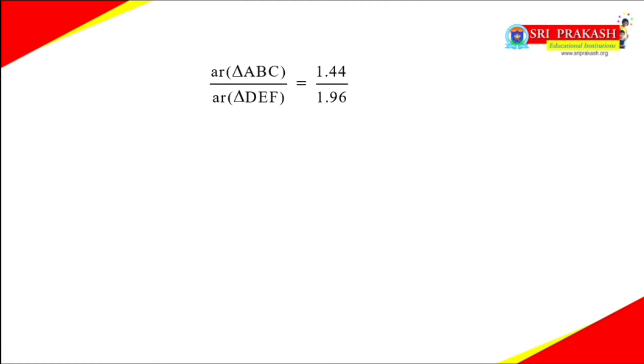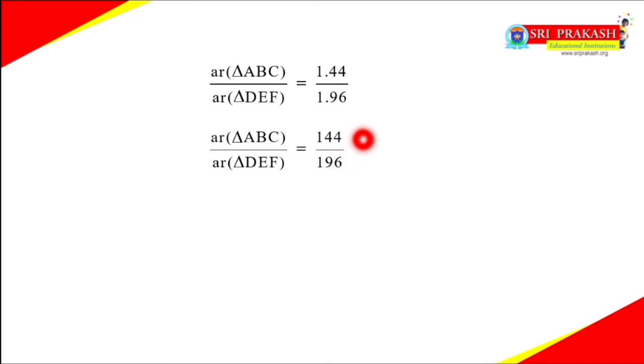Children, by taking the squares of 1.2 and 1.4, we get 1.44 by 1.96. As there are two places after the decimal point in both numerator and denominator, let us remove the decimal point. Then we get area of triangle ABC by area of triangle DEF is equal to 144 by 196.